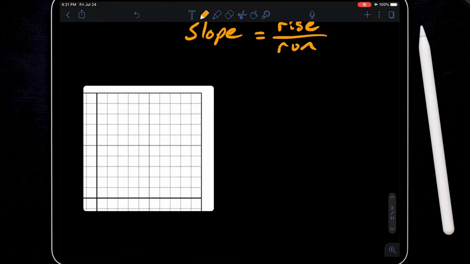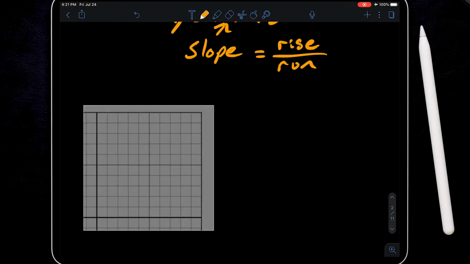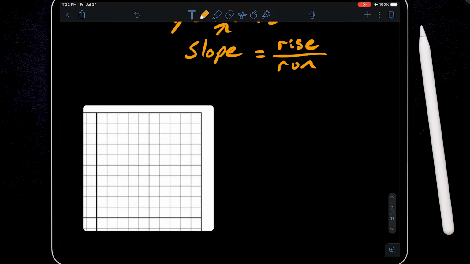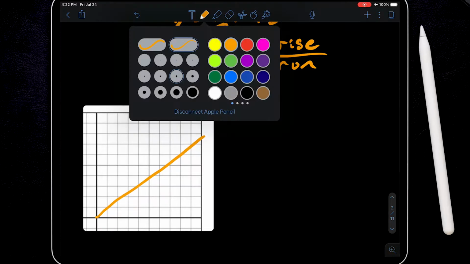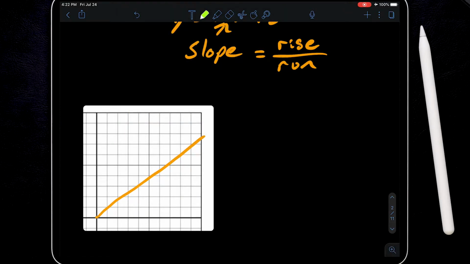All right, so down here we've got a little graph. Let's just draw some sort of a line here. Something like that, okay? Let's use this color. So remember that the rise is what goes up the graph and the run is what goes horizontally.